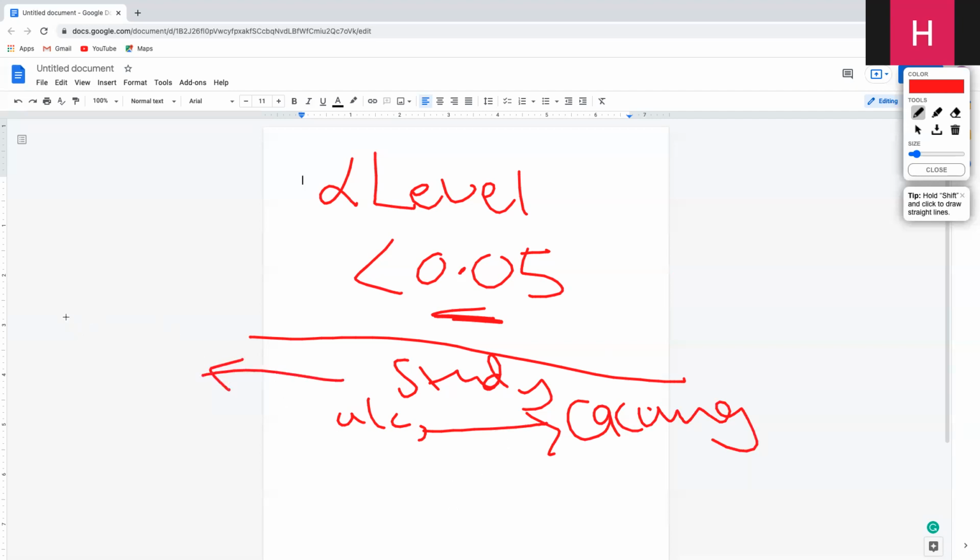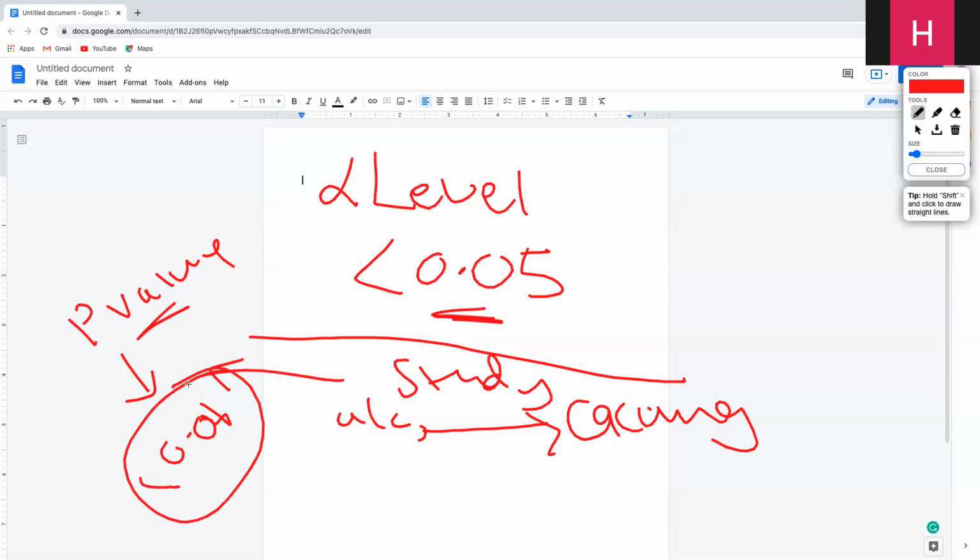So the p-value is something you calculate in your study. If you calculated the p-value and it was less than this alpha, which is 0.05 or less, then you will say there is a statistically significant association between alcohol and lung cancer. Why?